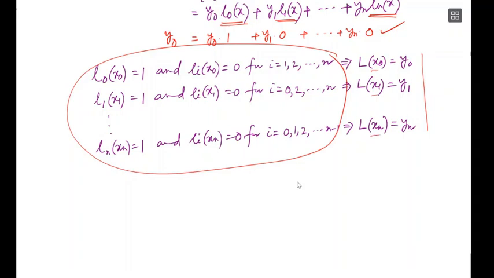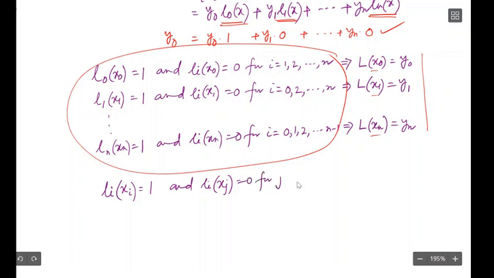So if we combine all these, we can write Li(xi) equals to 1, and Li(xj) equals to 0 for j equals to 0, 1, 2 up to i minus 1, then i plus 1, up to n.